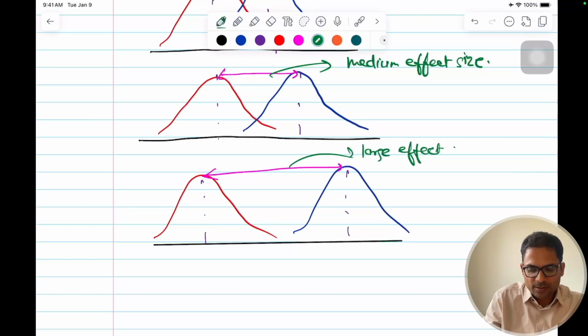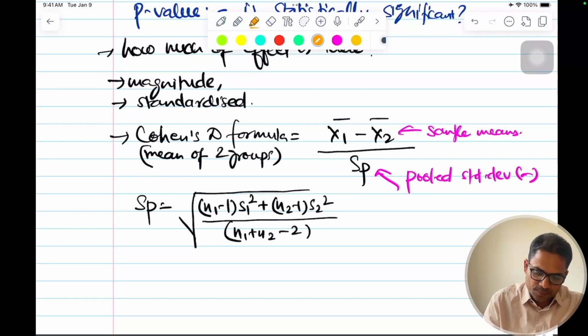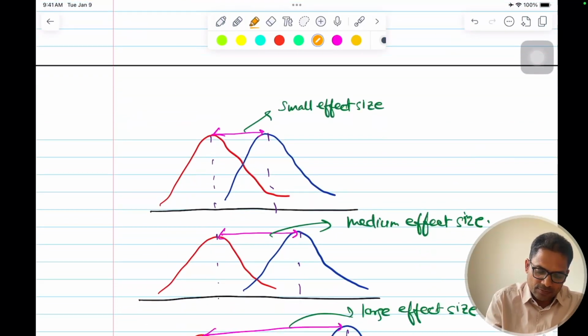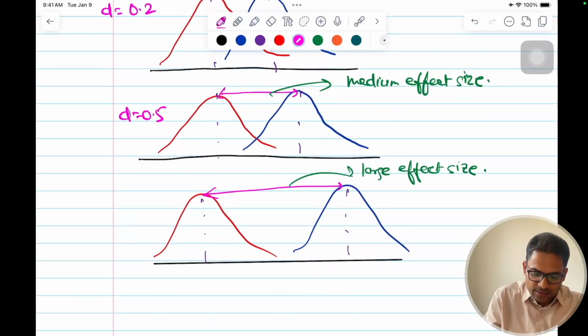The means are going farther and farther apart. In terms of Cohen's d, for example, the small effect is 0.2, here d can be 0.5, and here, say for example, d is equal to 0.9.